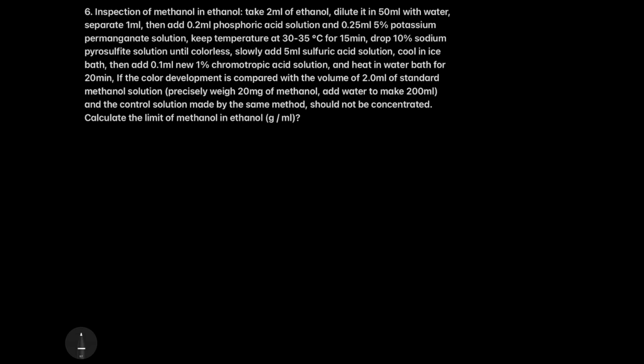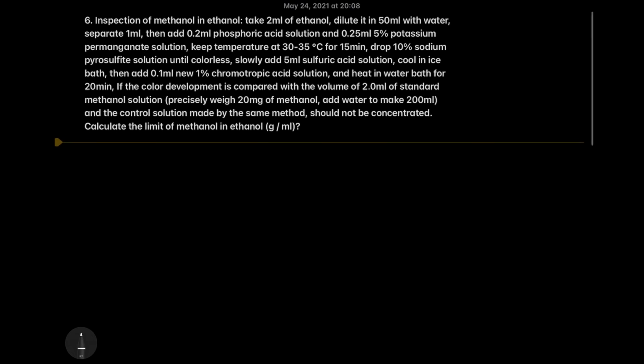So this is the inspection of methanol in ethanol. Let's quickly go through the question. They're saying take 2 milliliters of ethanol, dilute it in 50 milliliters of water, separate 1 milliliter, then add 0.2 milliliters phosphoric acid solution and 0.25 milliliters of 5% potassium permanganate solution.